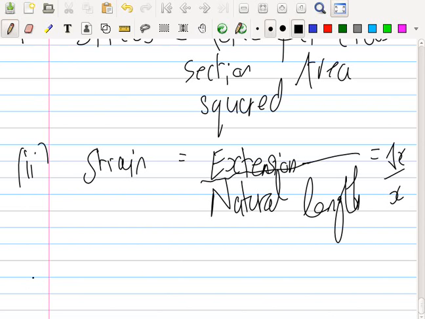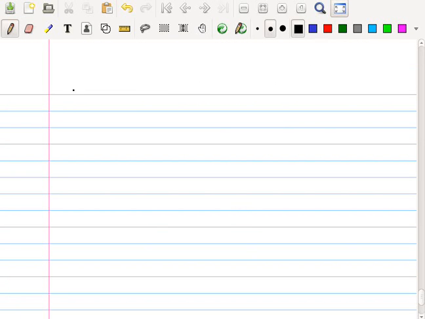Now, part 2, use this data to calculate Young's modulus. Let's look at it like this. What is the formula for Young's modulus?